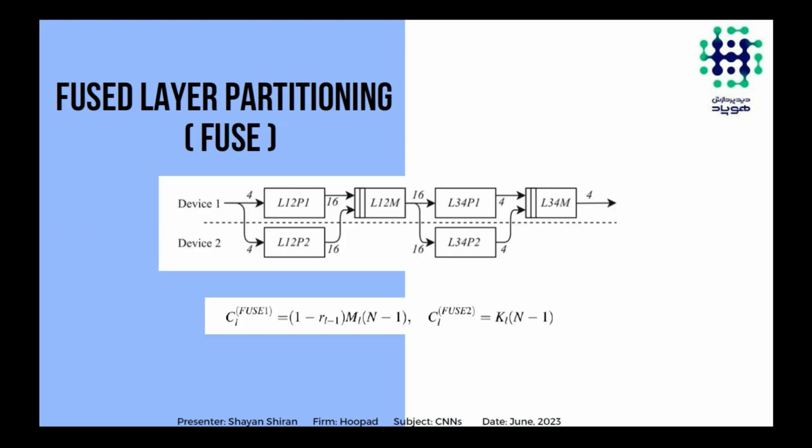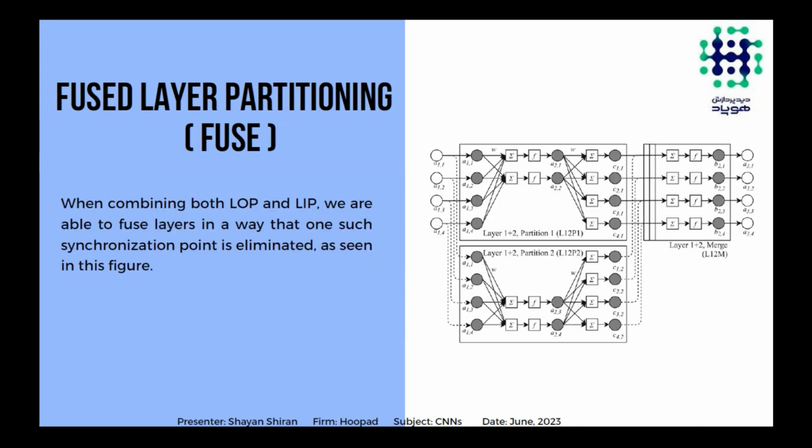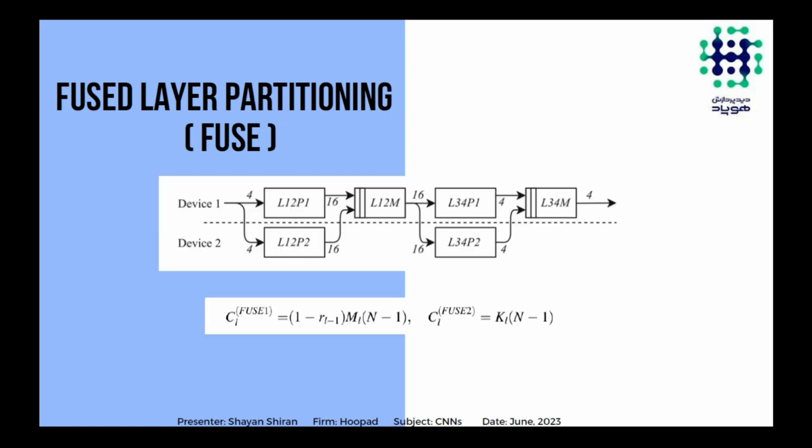And fused layer partitioning also has an example. In fused layer partitioning, the communication overhead is calculated by the formulas you see. We have two fusions in the previous picture, so we are going to have two formulas, one for each of the fusions.